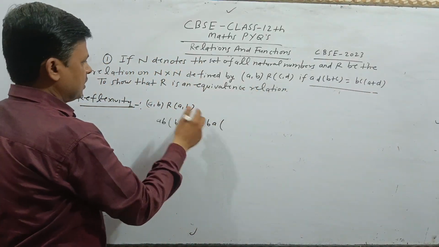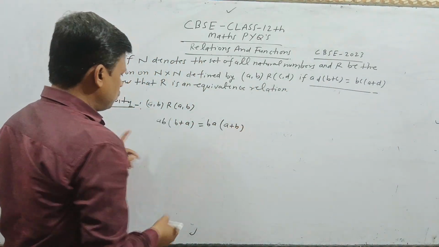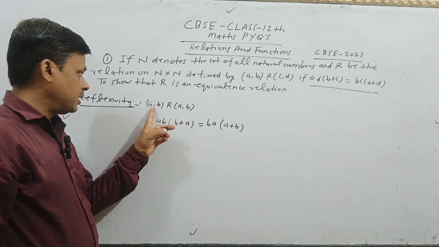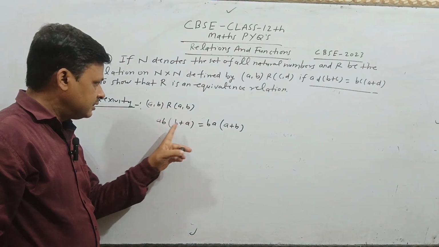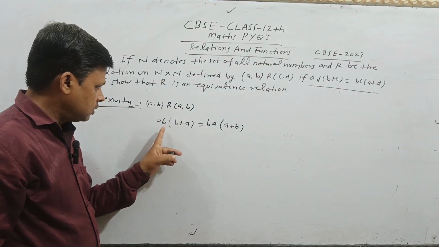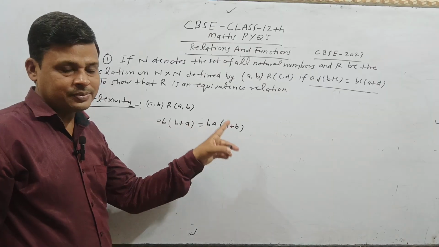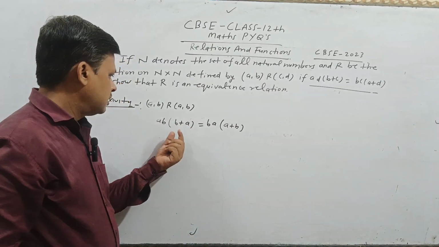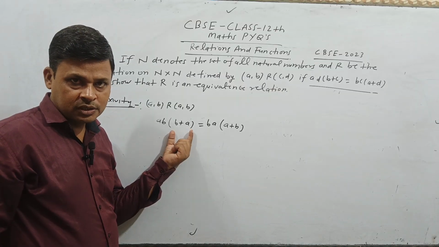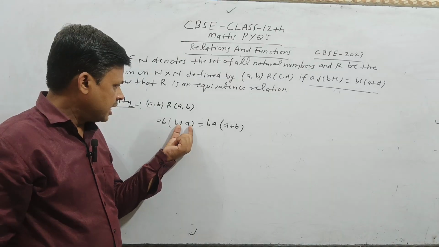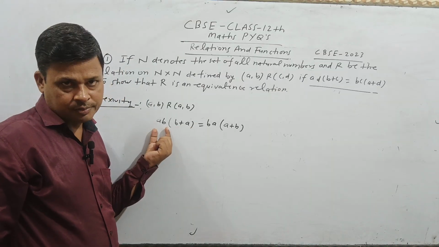So if this ordered pair relates to itself, then this is going to be true. So here ab(b + a) is equal to ba(a + b), which is absolutely true, because natural numbers follow the commutative law of addition as well as the commutative law of multiplication.